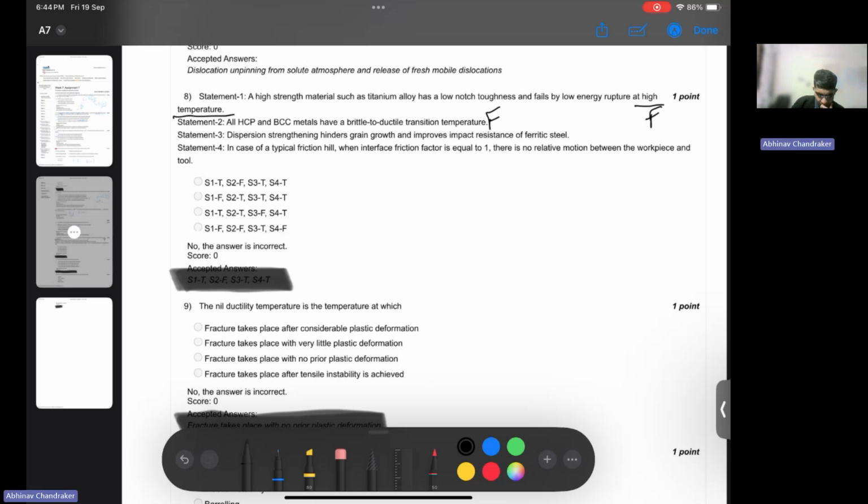Statement 3, dispersion strengthening hinders grain growth and improves impact resistance of ferritic steel. Dispersion strengthening can hinder grain growth, that is true.